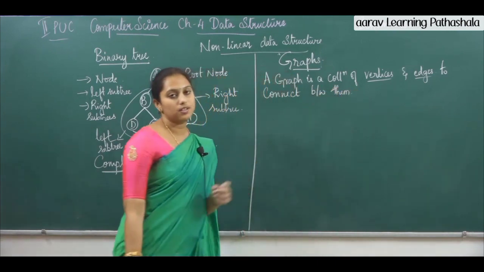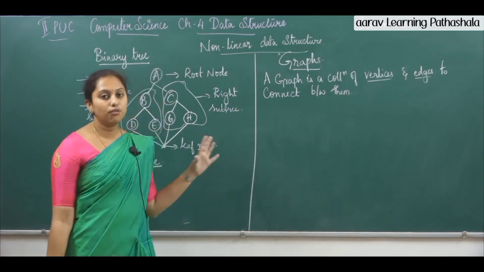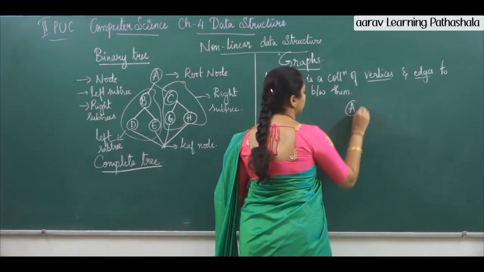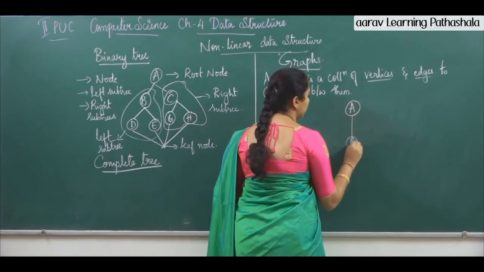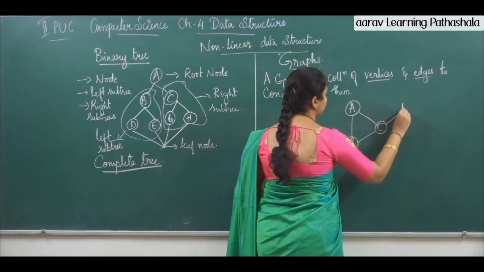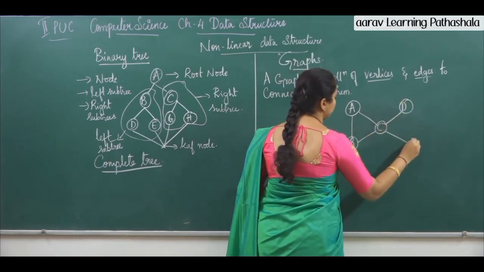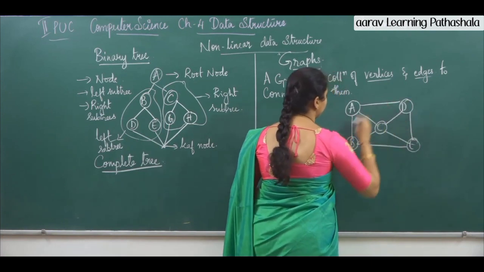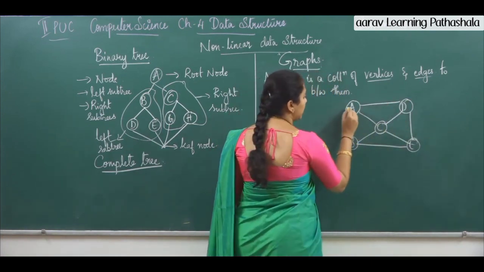So what is a vertex? The collection of nodes is called vertices.